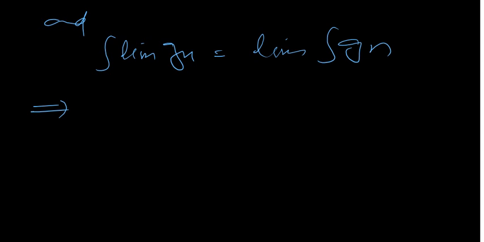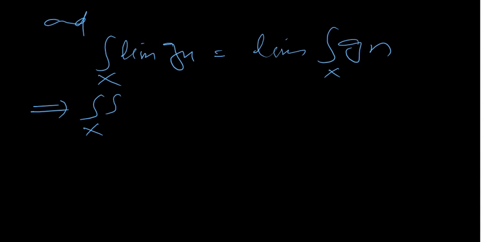But what's this limit of g n actually? You are integrating over x space. We are integrating over x space, and that's equal to the integral over x space of the limit of g n. What's the limit of g n?